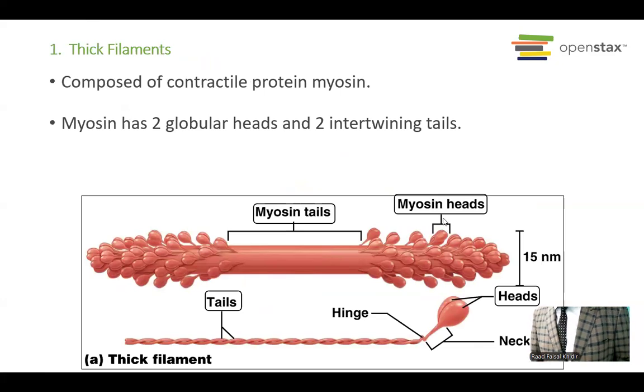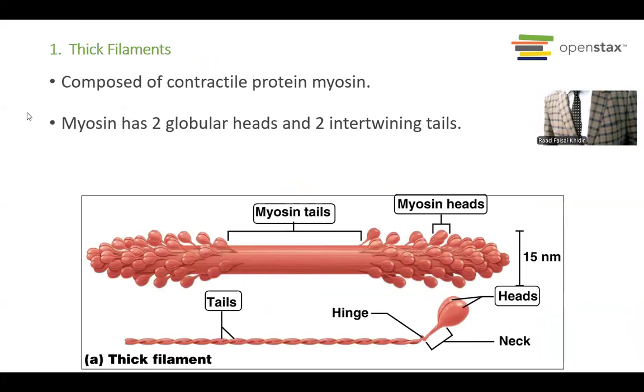Okay, thick filaments. Now let's look at the thick filament. Thick filaments are composed of the contractile protein myosin. Myosin has two globular heads and two intertwining tails. You see, these are the two heads, the two golf heads, and the two intertwined tails. These are the myosin heads, and these are the intertwined tails.